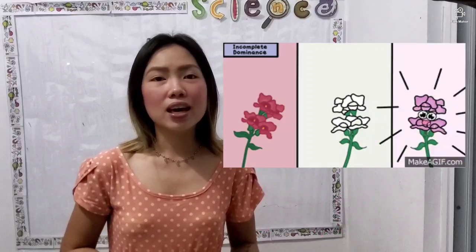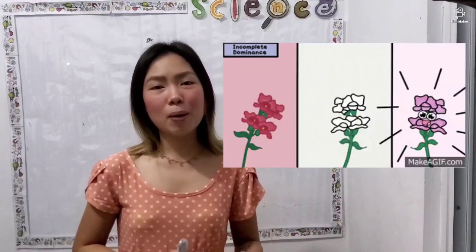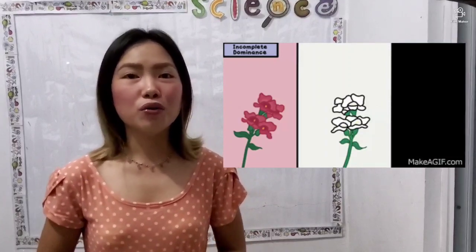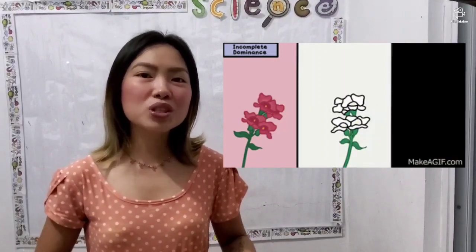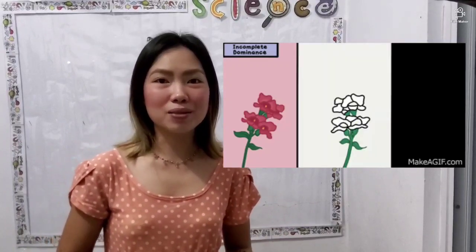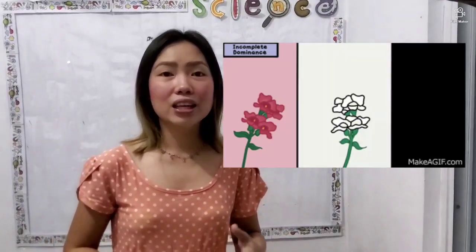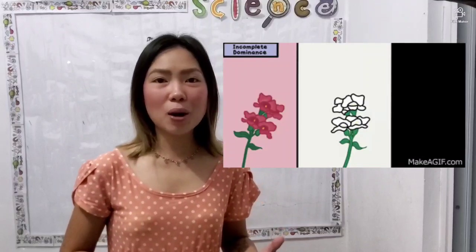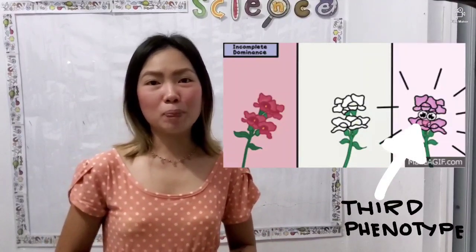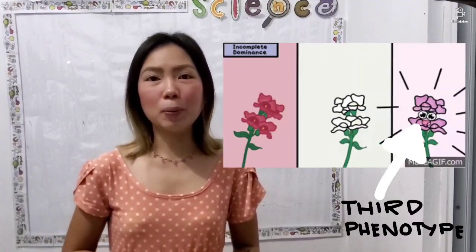So meaning to say, in incomplete dominance, the result is another color of the flower. You produce another color from the cross that you have made between the red and the white. Nakapag-produce ka ng tinatawag nating third phenotype.